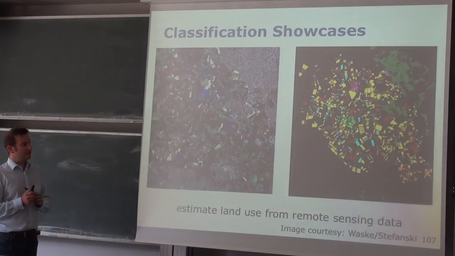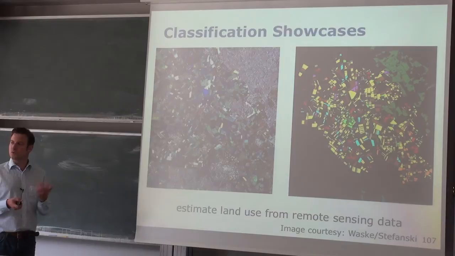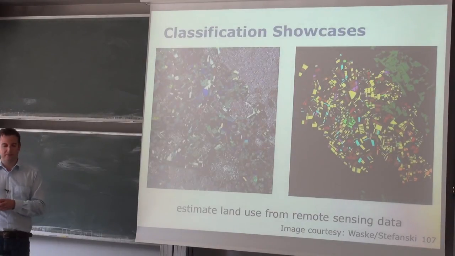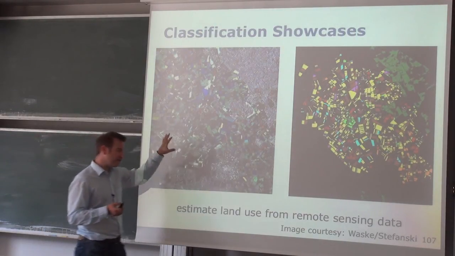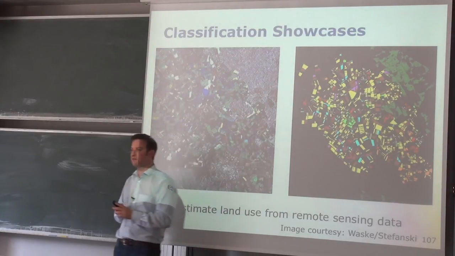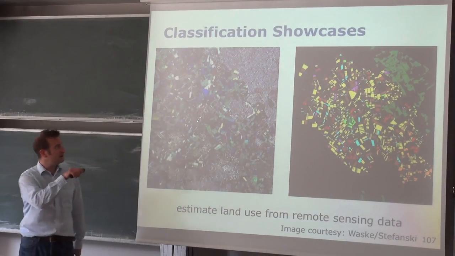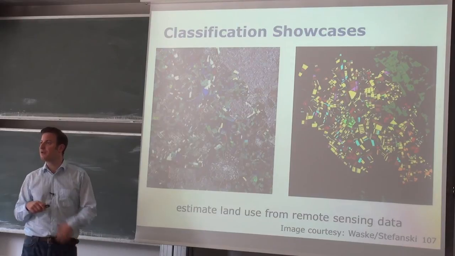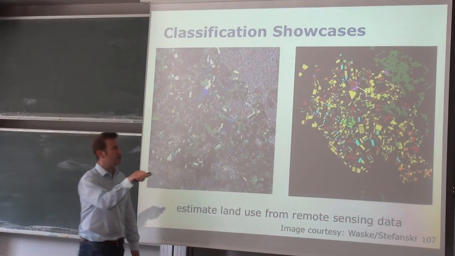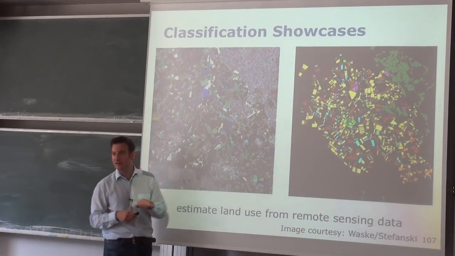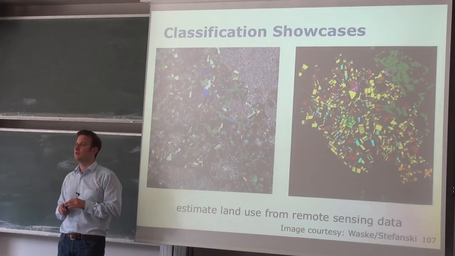And now the last thing I want to do is show a few slides on what you can do with classification in different areas. One of the things that we discussed is estimating land use from remote sensing data. We have this satellite data with different spectral bands. We want to classify how this land is used based on the spectral signal that I get from those images.